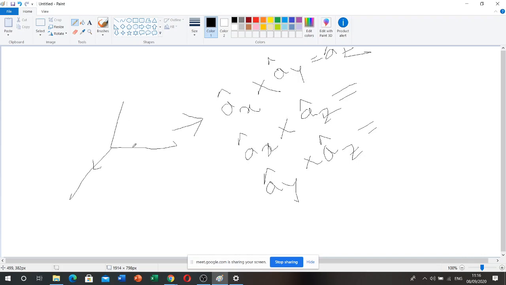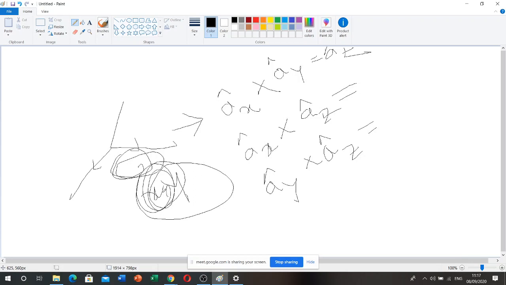This is ax cap, this is ay cap, you are in the xy plane, so the direction perpendicular to this is only this one. Getting my point? Yes, az cap you will get, because perpendicular to the xy plane is az cap.